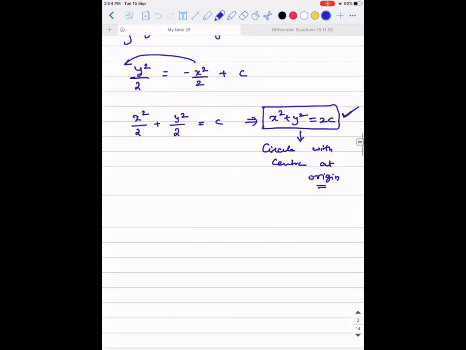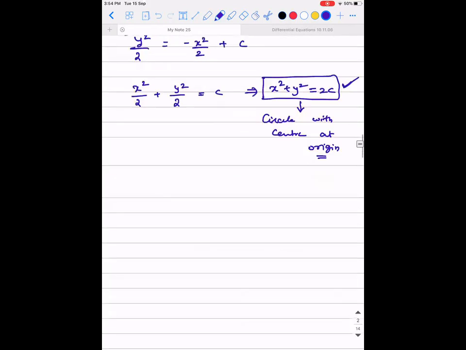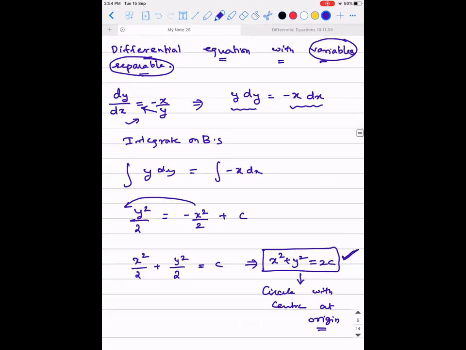And that is what we have got here. So now I hope you are able to understand how these two exercises are related. And mainly this kind of integration we are going to do only for first order and first degree differential equations. Please make a note of it.